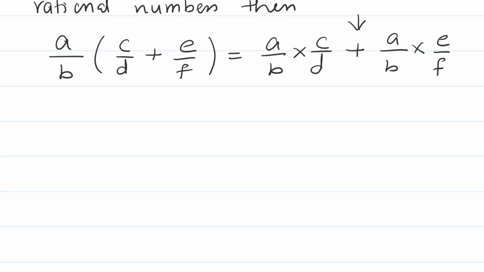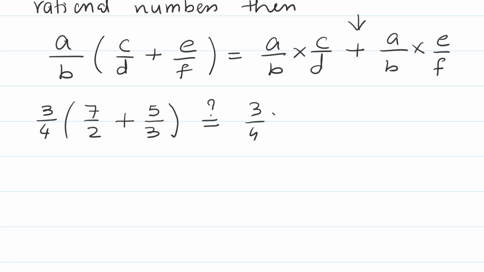Consider three numbers. 3 by 4 into bracket 7 by 2 plus 5 by 3. We are going to verify that the left hand side is equal to 3 by 4 into 7 by 2 plus 3 by 4 into 5 by 3.